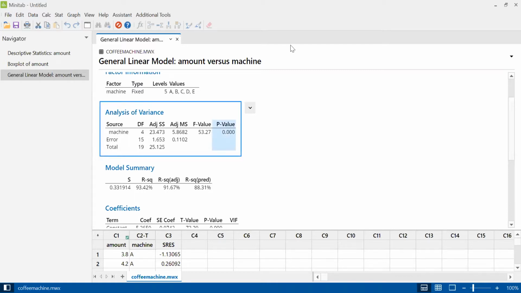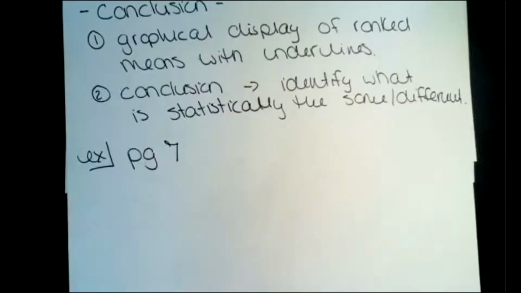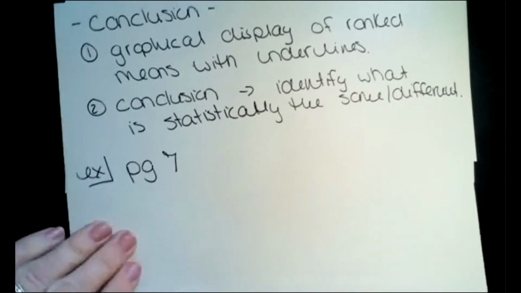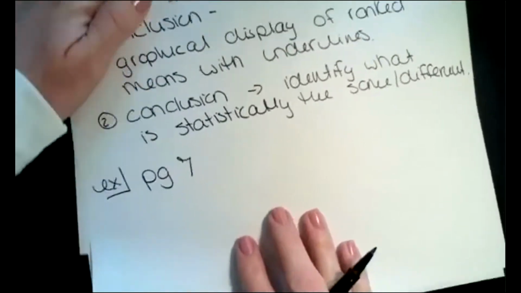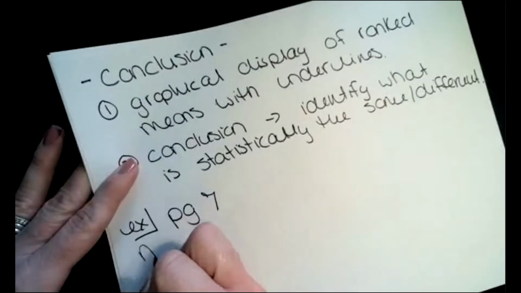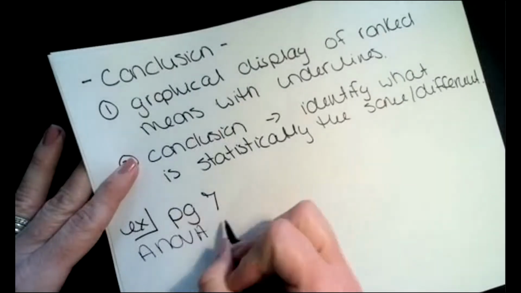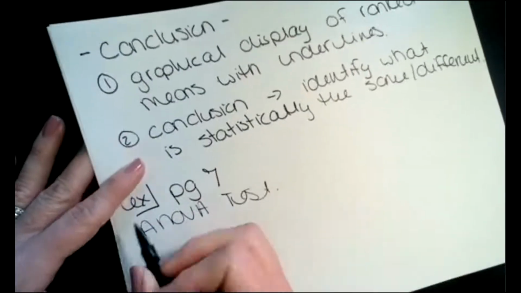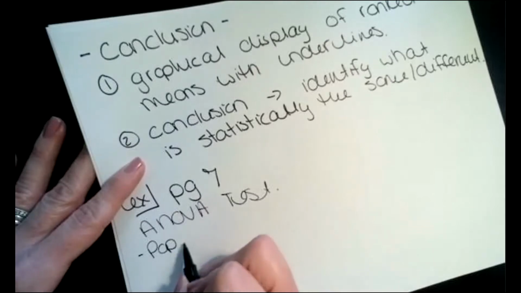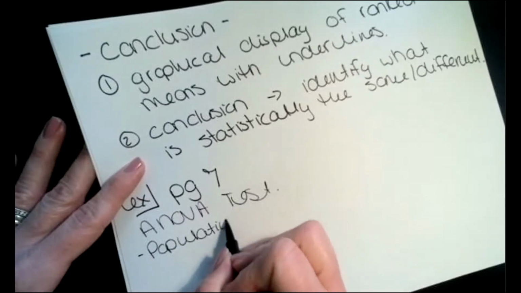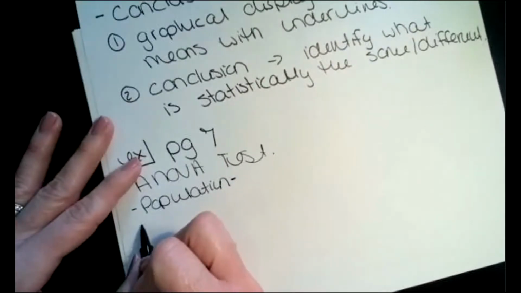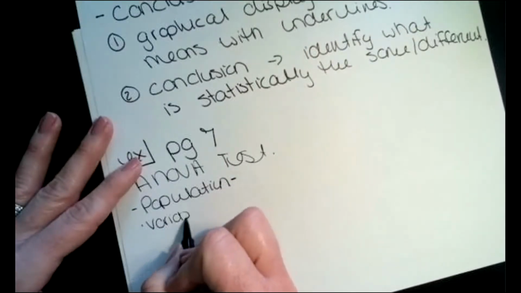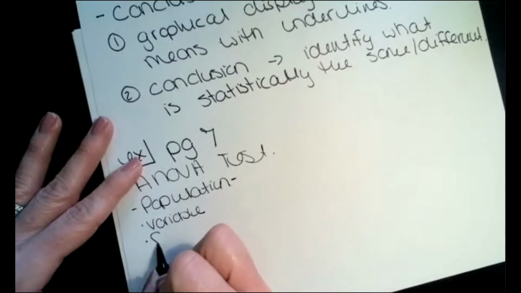So I'm going to go back to my write-up. I don't want to write a ton, but I want to show you what it looks like and what I'm expecting here. So for my ANOVA test, under my population step, we're going to include the variable and the factor.